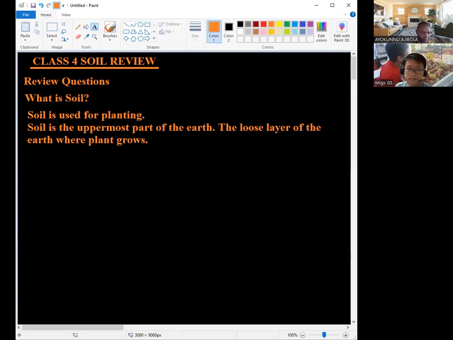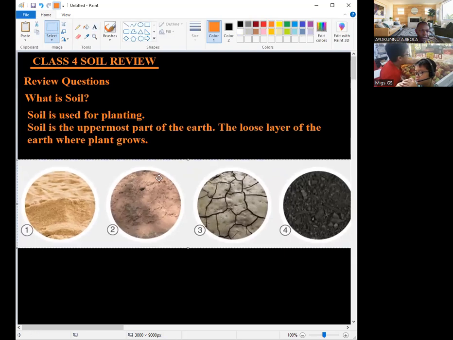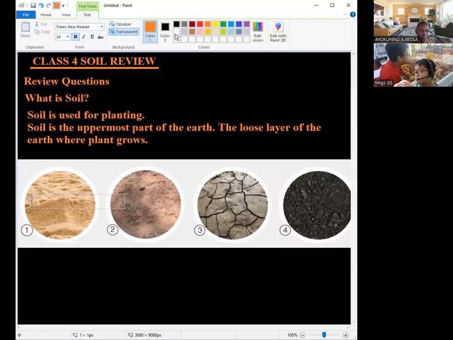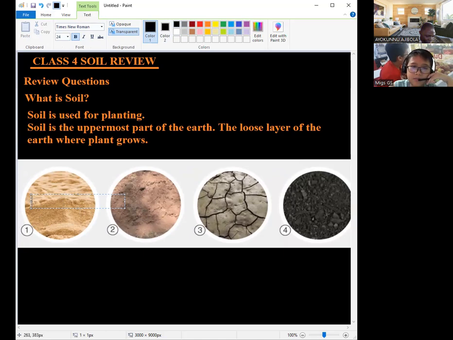Okay, now the next thing to look at, though we already covered this topic before, is to try to name some types of soil. Can you name these types of soil? What name should we give to the first one? It's sandy soil.